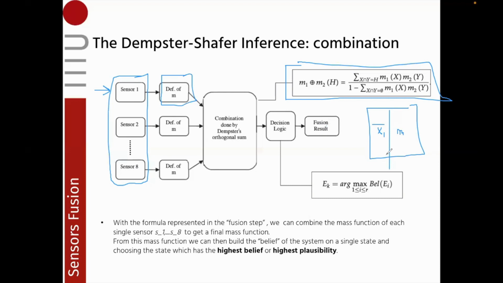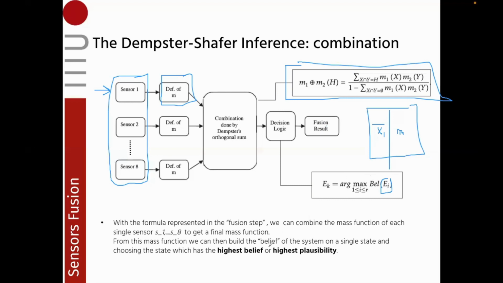At this point, what we do is calculate the belief function and the plausibility function. And with our decision logic, we compute which hypothesis maximizes one of the two. Of course, there are a lot of possibilities in this case.